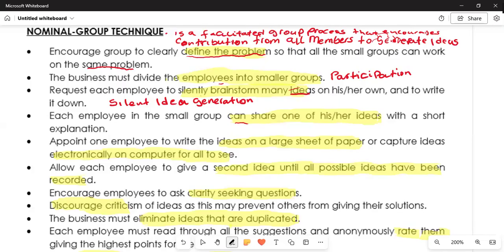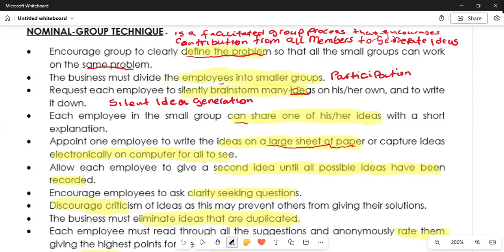Appoint one employee to write ideas on a large sheet of paper or capture ideas electronically on the computer for all to see, so that everyone is going to see the ideas that were raised during the meeting.